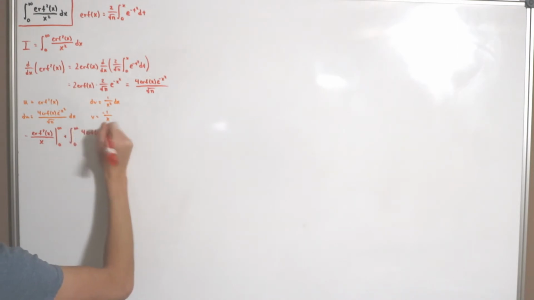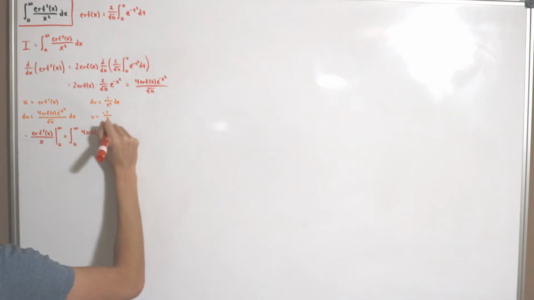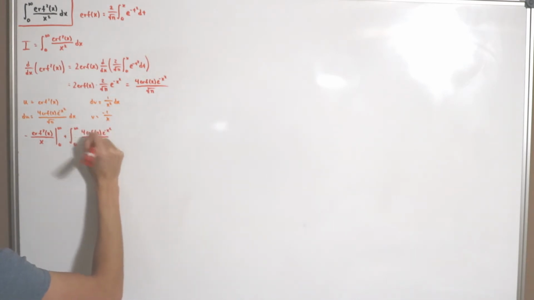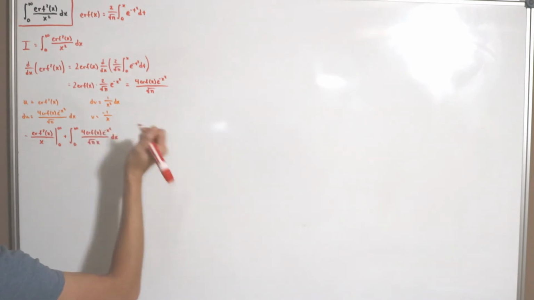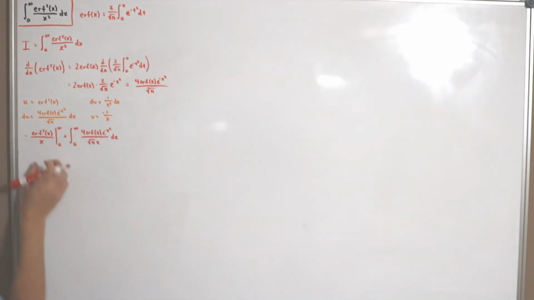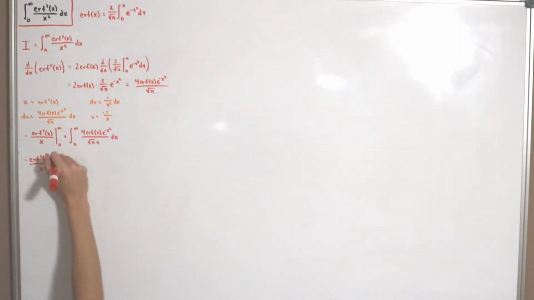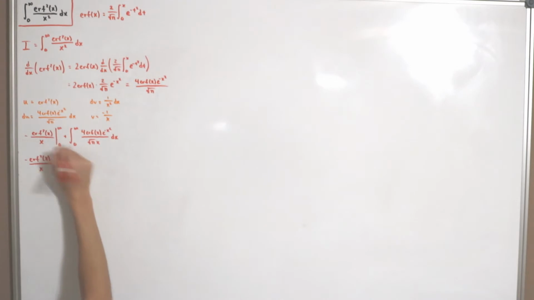4 times the error function of x, e to the negative x squared, and then divided by square root of pi x dx. Okay, let's focus on evaluating this piece over here: the negative error function squared of x divided by x from 0 to infinity. Let's plug in our terms.